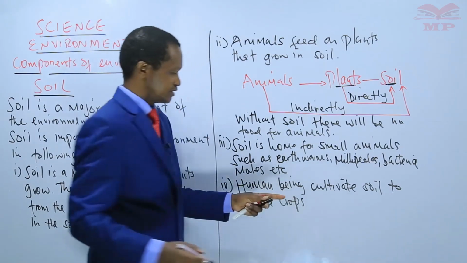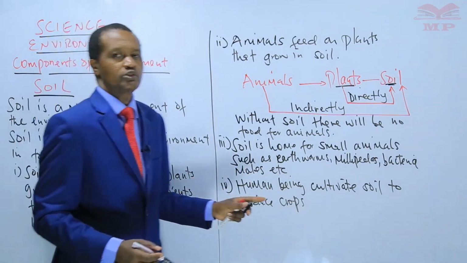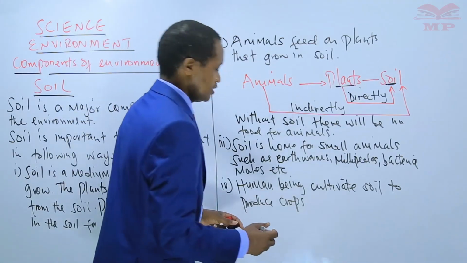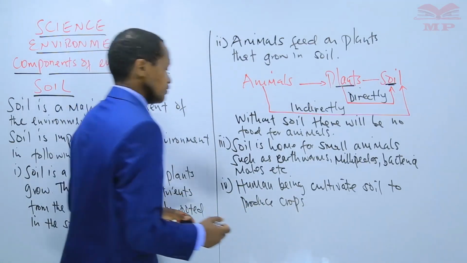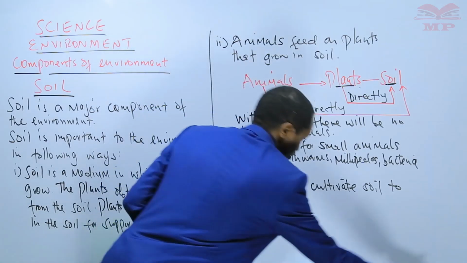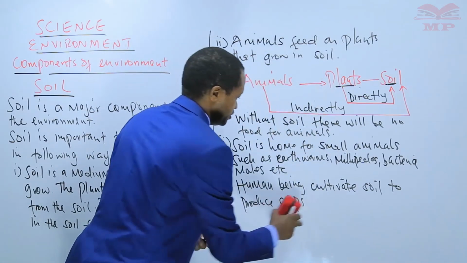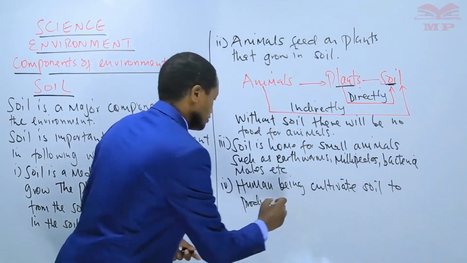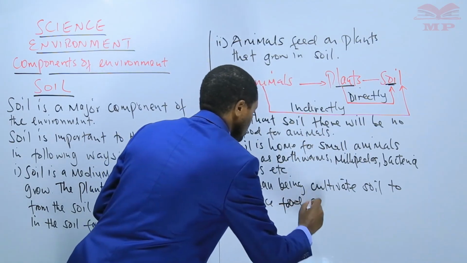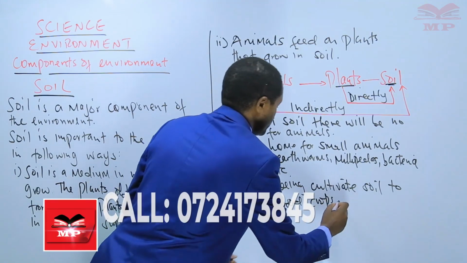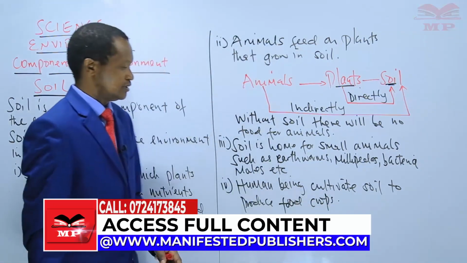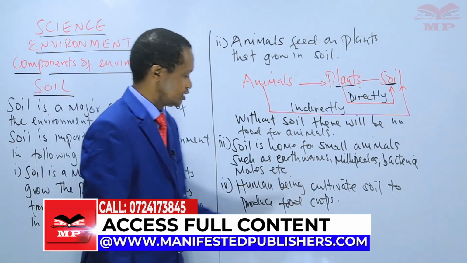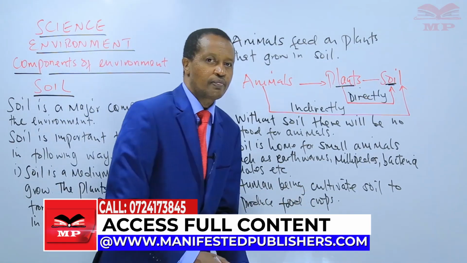We cultivate the soil so as to produce crops, and this can be cash crops or food crops, but let me just call them food crops because this is what we need first. Food is a basic need. Human beings cultivate soil to produce food crops.